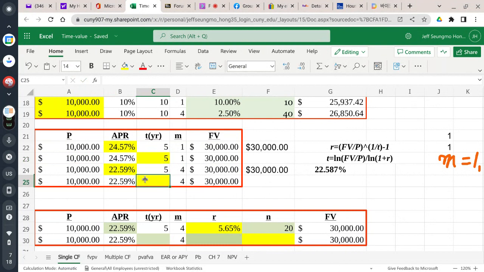Now, this time, let's try a quarterly example. Quarterly compounding.